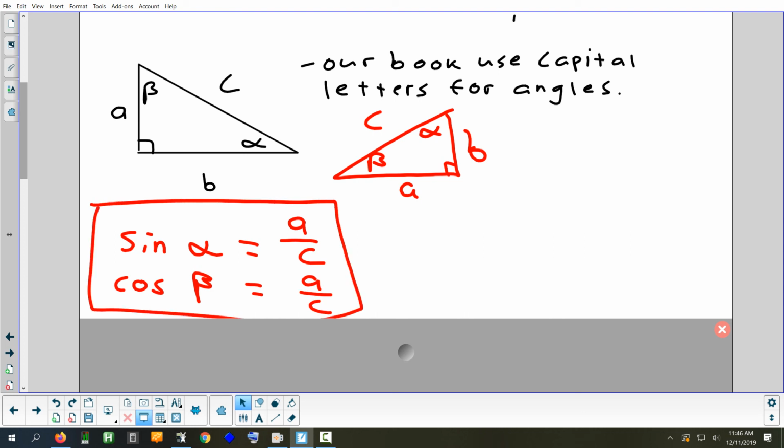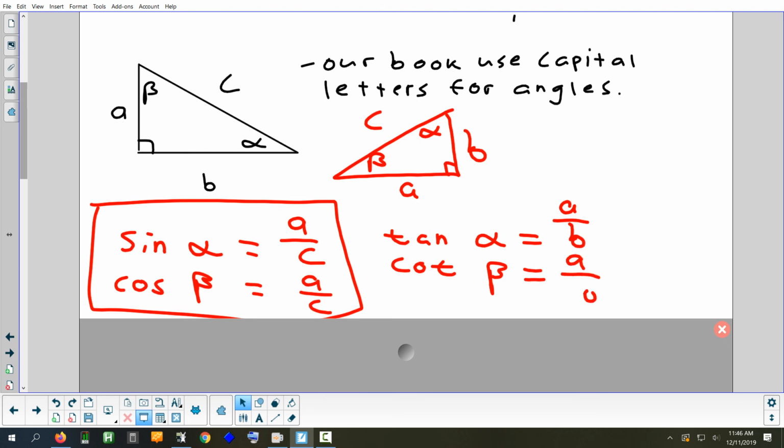Let's find the tangent of one of the angles. What's the tangent of alpha? A over B. And now let's find the cotangent of beta. It's also A over B.